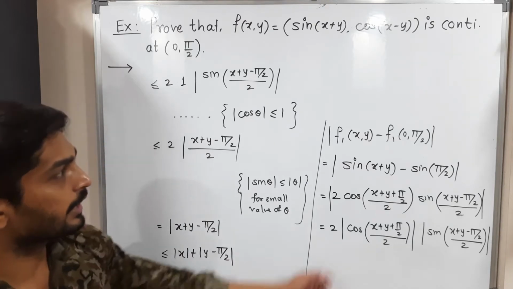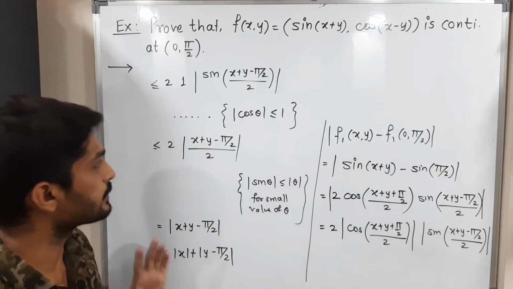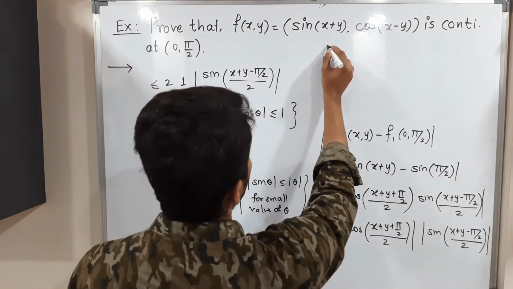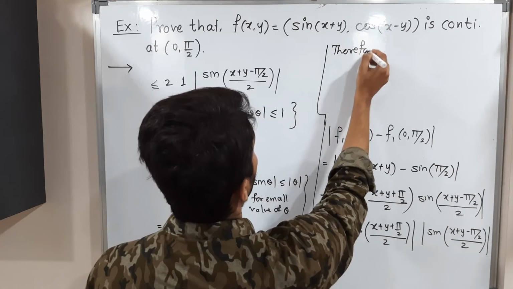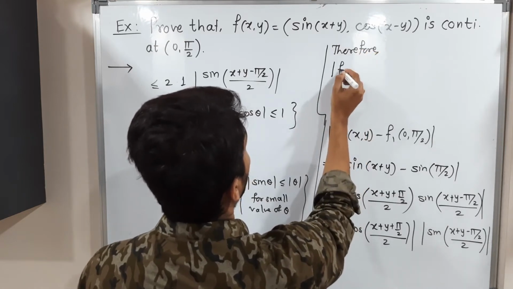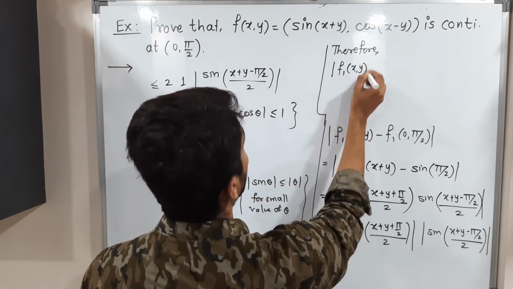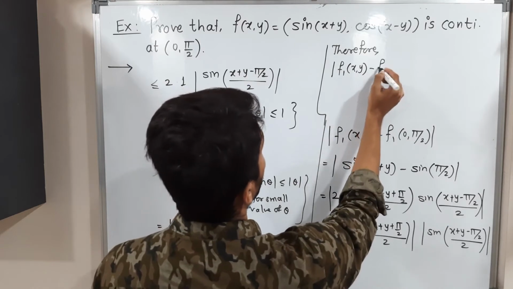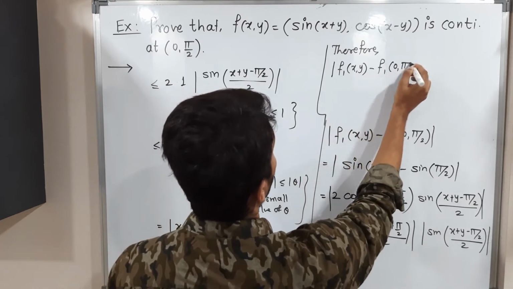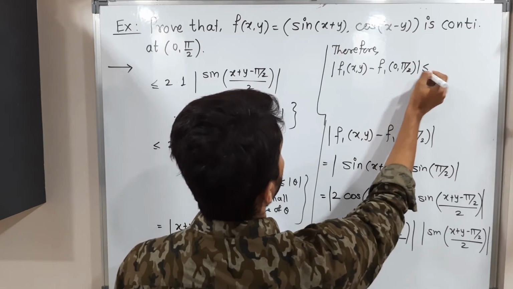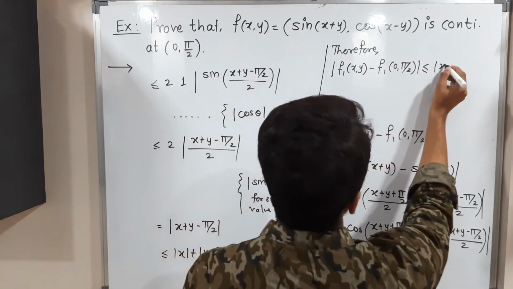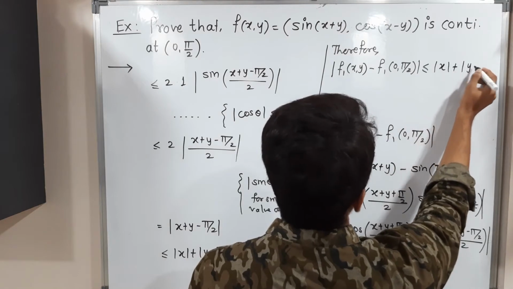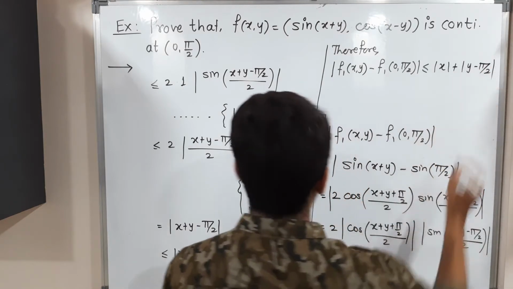So you remember we started with this one and finally we got this one. Therefore I can conclude here: mod f1 of xy minus f1 of (0, pi by 2) is less than or equal to mod x plus mod y minus pi by 2.